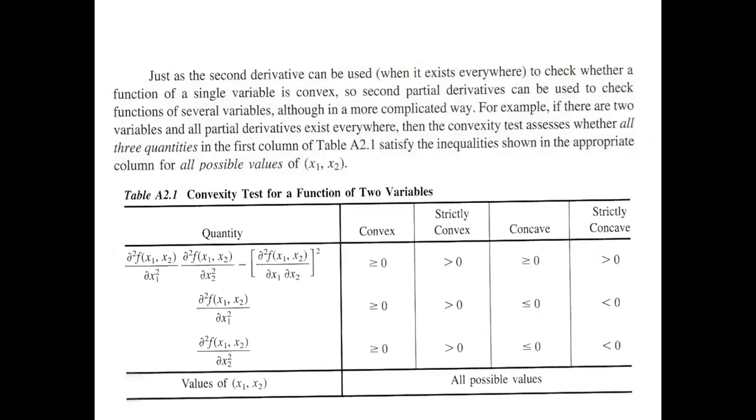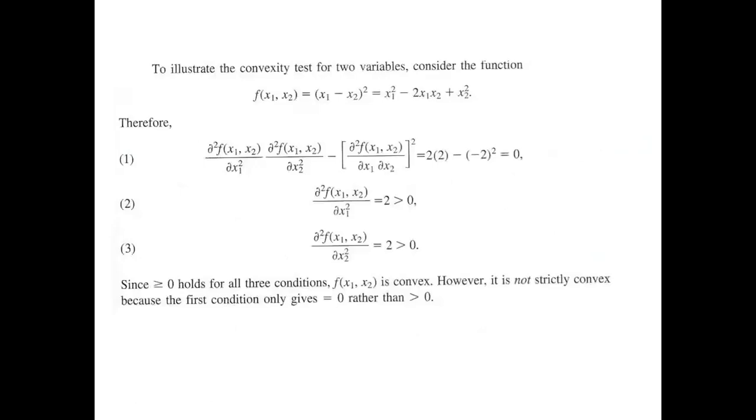So the convexity test for a function of 2 variables uses the second partials. You find the second partials, and these 3 conditions should be satisfied. Let's have a look at this example. You can see that the function is nonlinear.